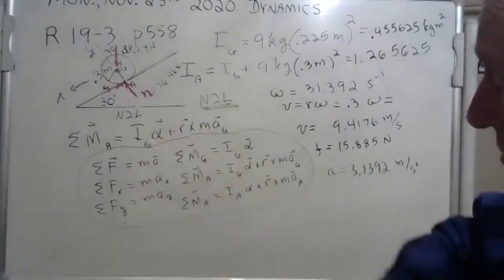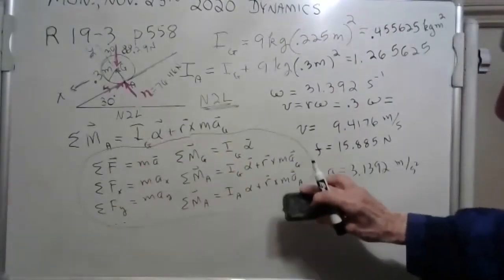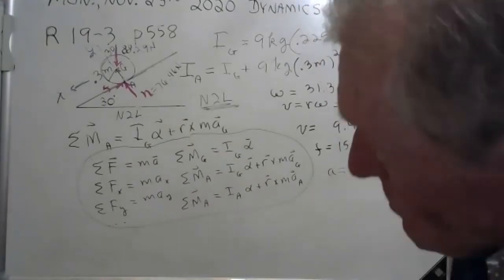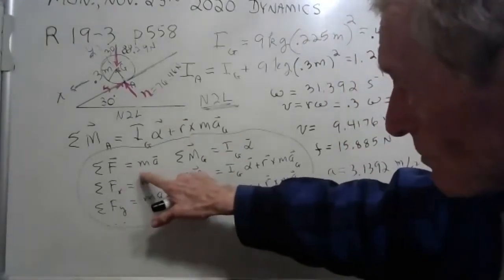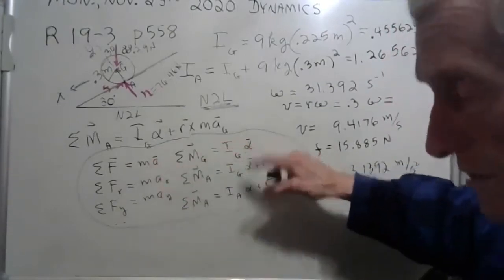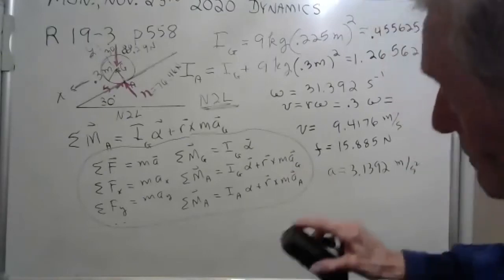Okay, well, let's plug in this, and then I'm getting tired of this problem. But see, you need to know that. You need to know that Newton's second law is not just F equals ma. All of these are Newton's second law.